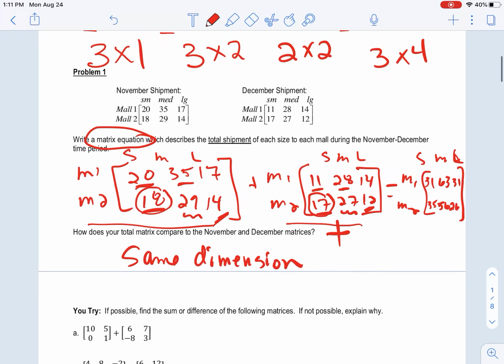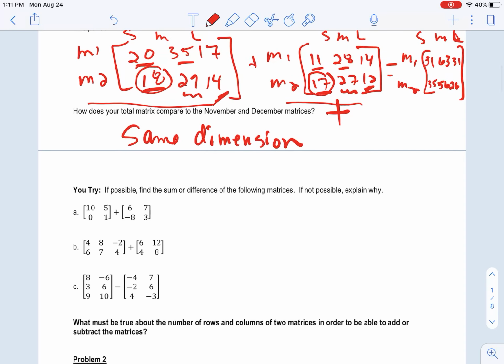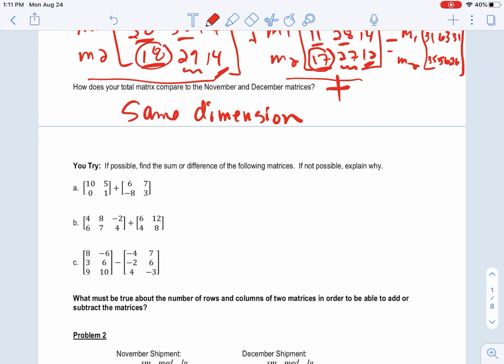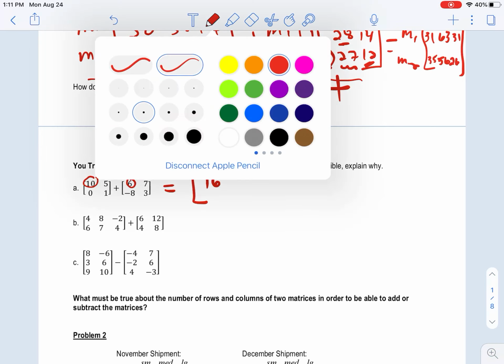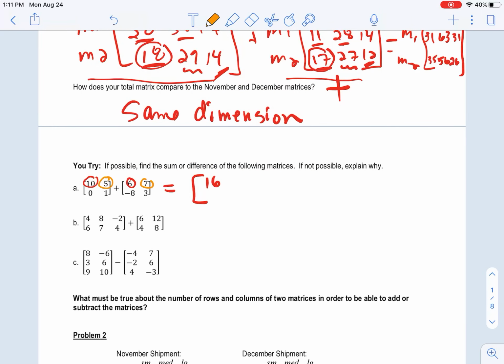Okay, so let's add some together. So letter A down here does not have any labels on it. But we can add what's in this first spot, what's in this first spot. Everything always has to match up. Okay, so first spot, 16. Second spot in that row, 12.